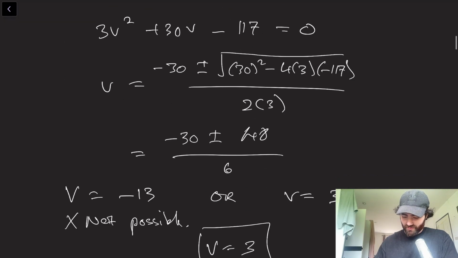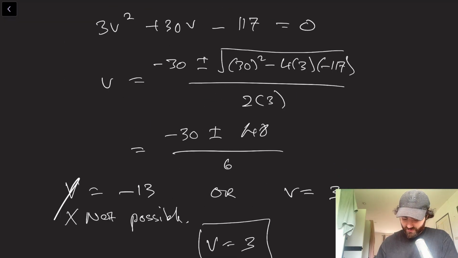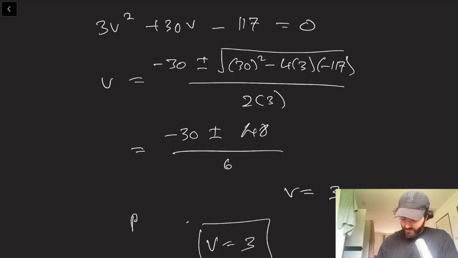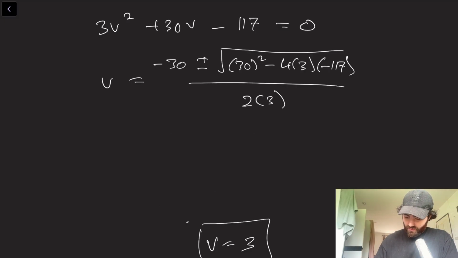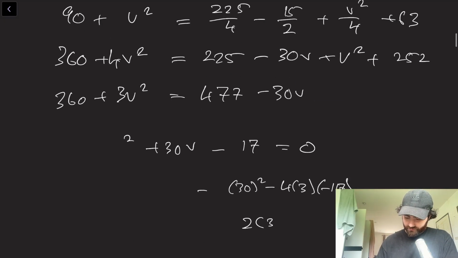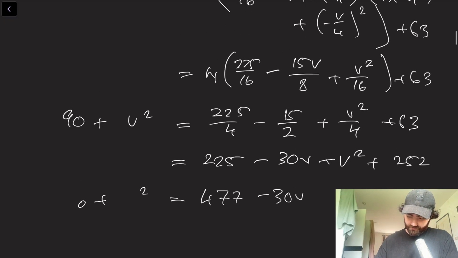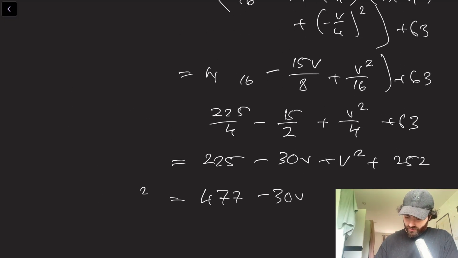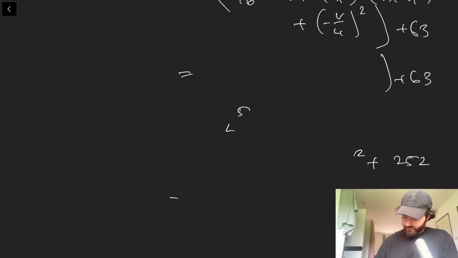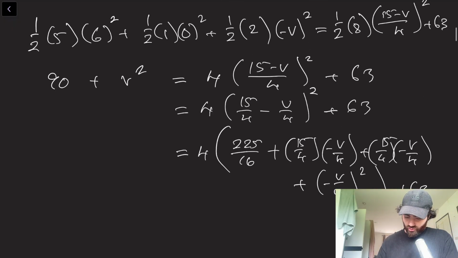All right, V equals 3. I might give myself a bit more space here. You're supposed to do all that, and we know that V equals 3. Just rub all this stuff out. I did a lot of calculating here.